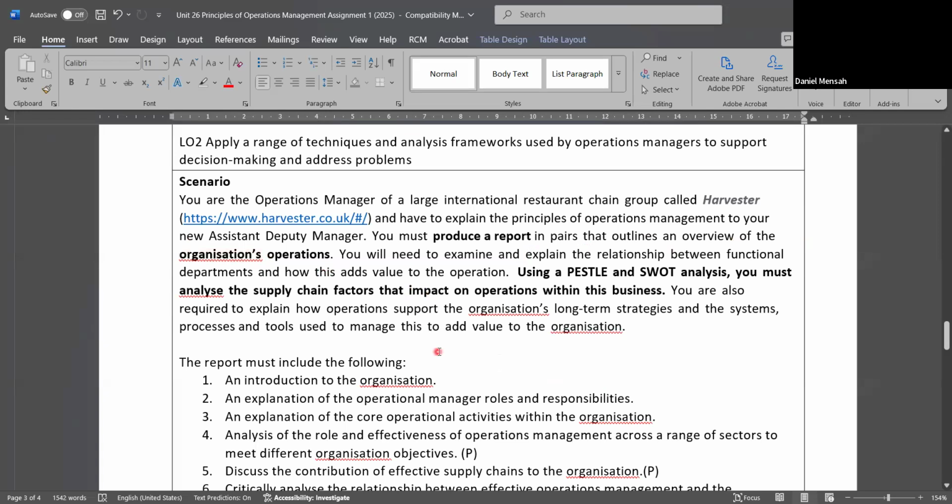You will need to examine and explain the relationship between functional departments and how this adds value to the operations. Using a PESTLE or SWOT analysis, you must analyze the supply chain factors that impact operations within the business. You're also required to explain how operations support the organization's long-term strategy, and the systems, processes and tools used to manage this to add value to the organization.